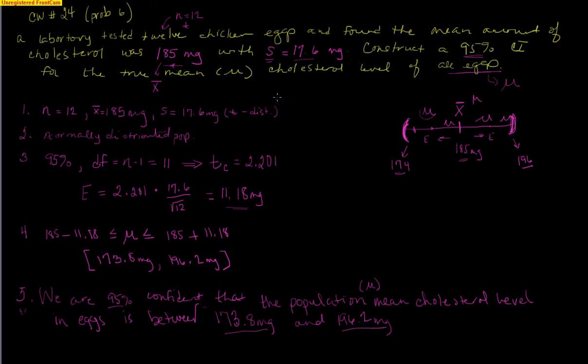Again, what we've done is use sample data to draw a conclusion with a certain amount of accuracy, because we can never be 100% sure about any exact mean, but we use the sample information to come up with a range or an interval for the actual mean.